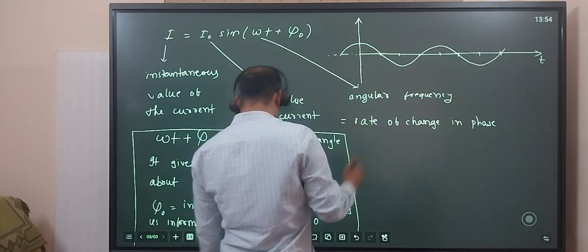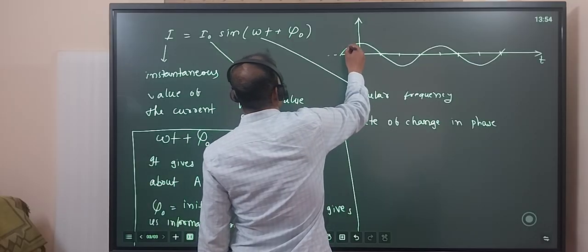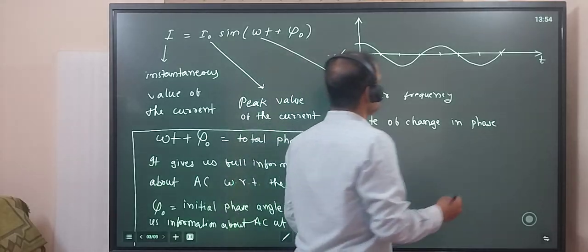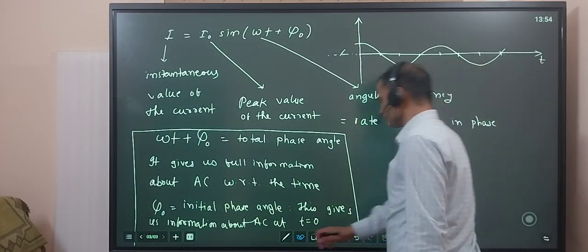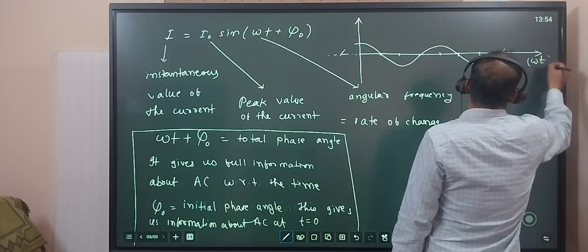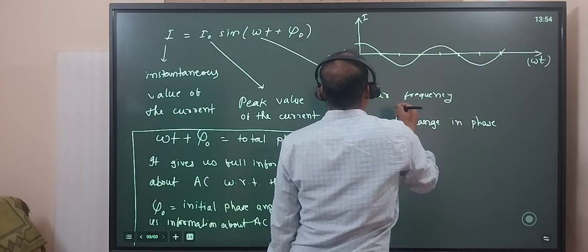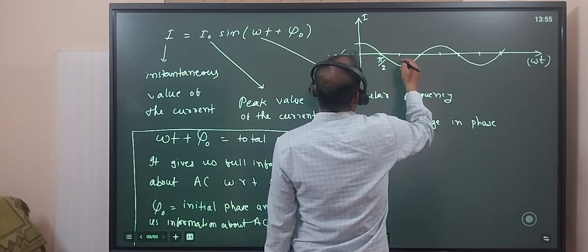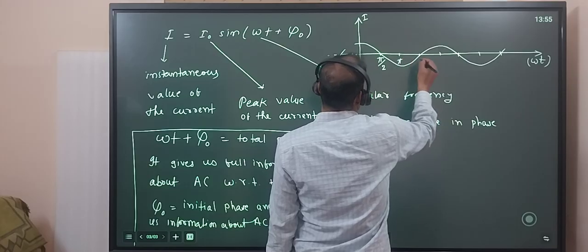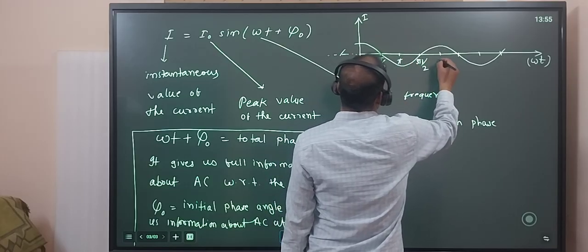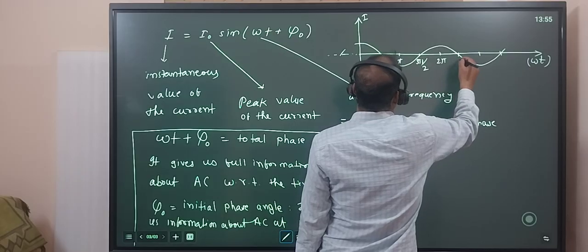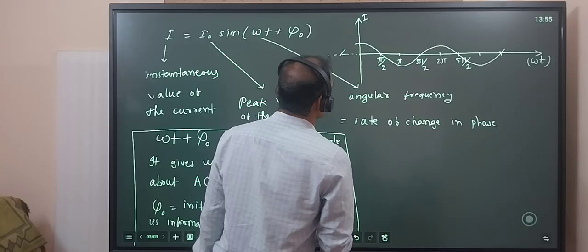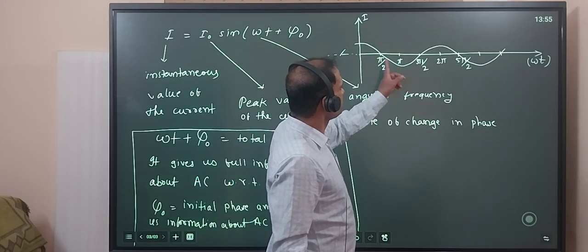Yes, and I am going to erase this part. I have kept the phase angle. Instead of t, I will write omega t here, and here it is I, and here this is pi by 2, and this is pi, this is 3 pi by 2, and this is 2 pi.